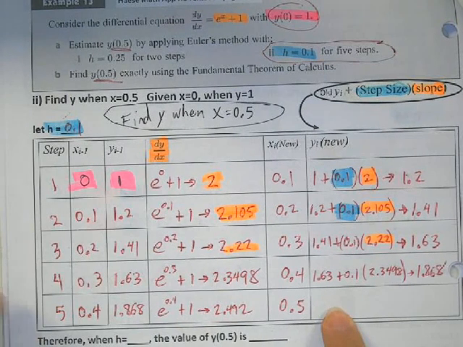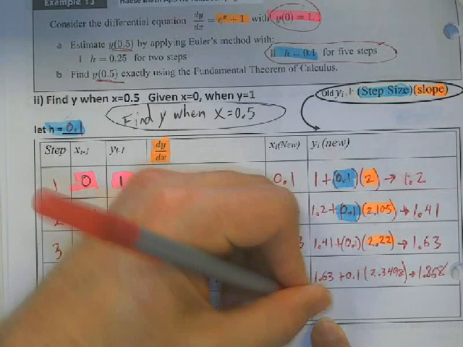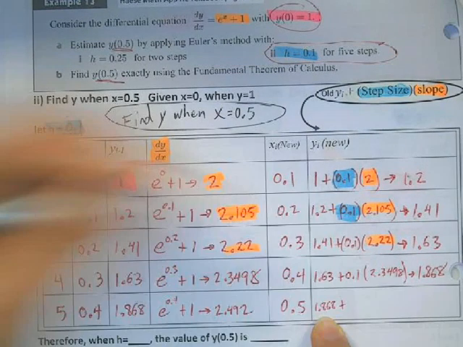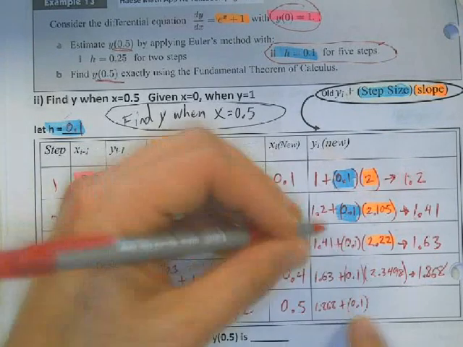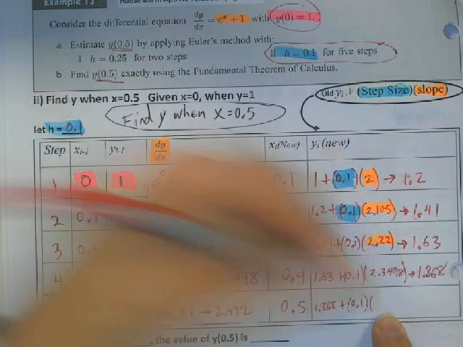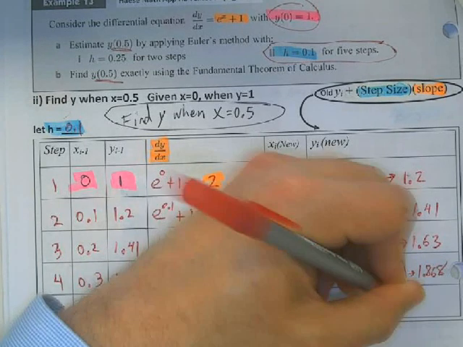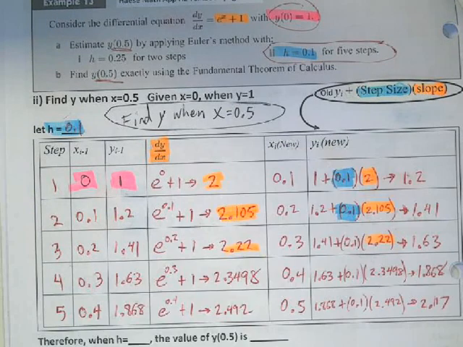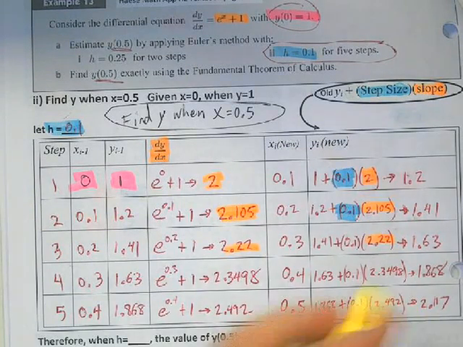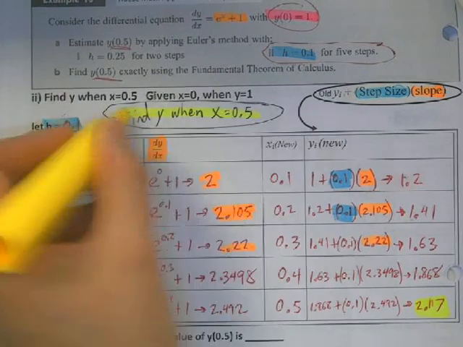Then I'm going to take that old y value of 1.868 plus the step size times my new slope, 2.492, and then I get 2.117. So this is the y value when x is 0.5.